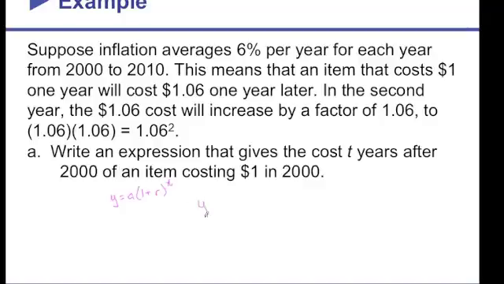So y will equal, a is $1, that's the initial value, and then it'll be (1 plus 0.06) to the t, which can be defined as y equals 1.06 to the t. And this would be our expression.